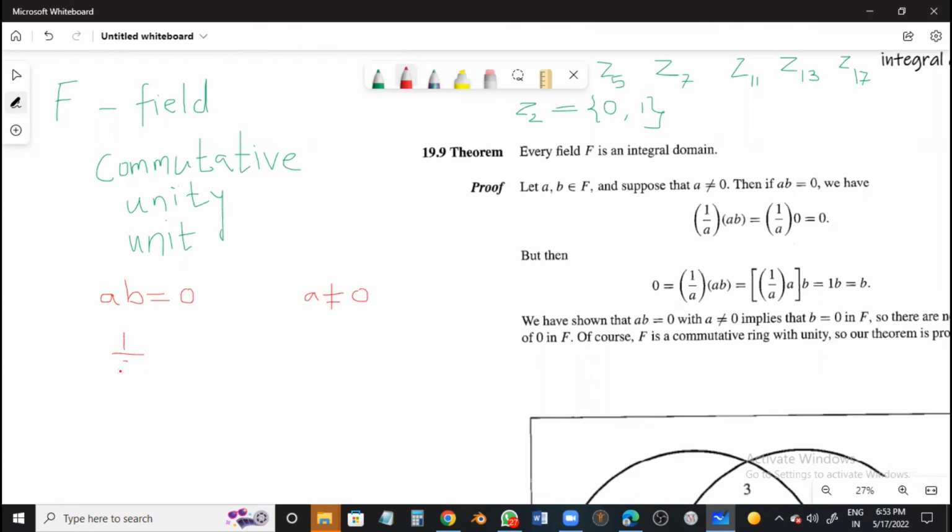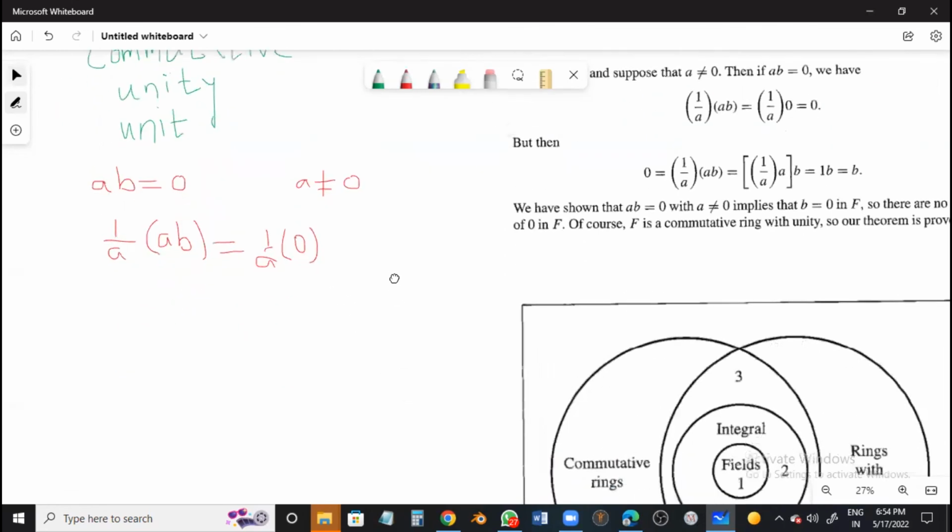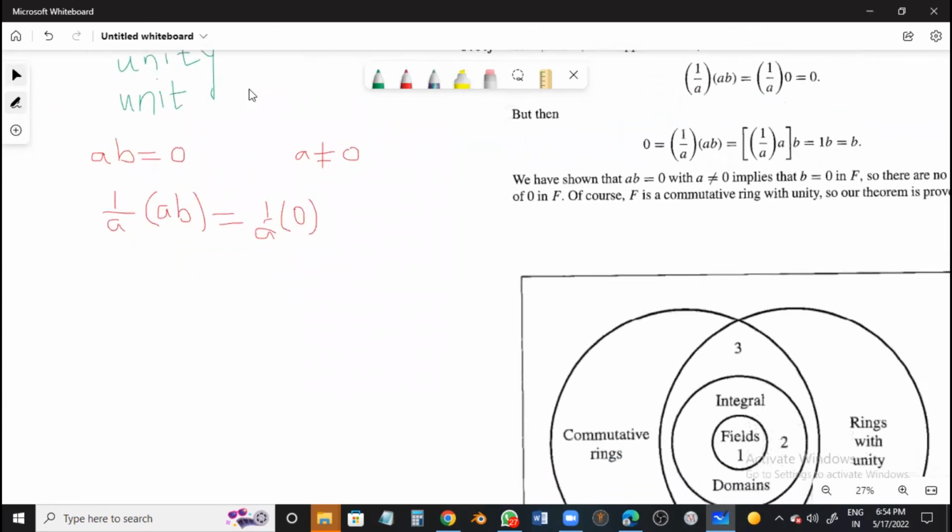So we multiply both sides by 1 by A. Now, 1 by A times AB, we can use associativity.